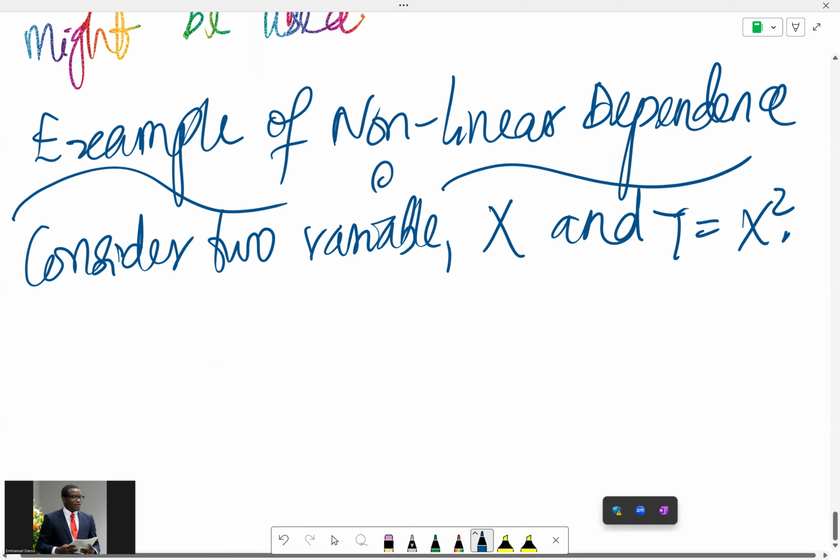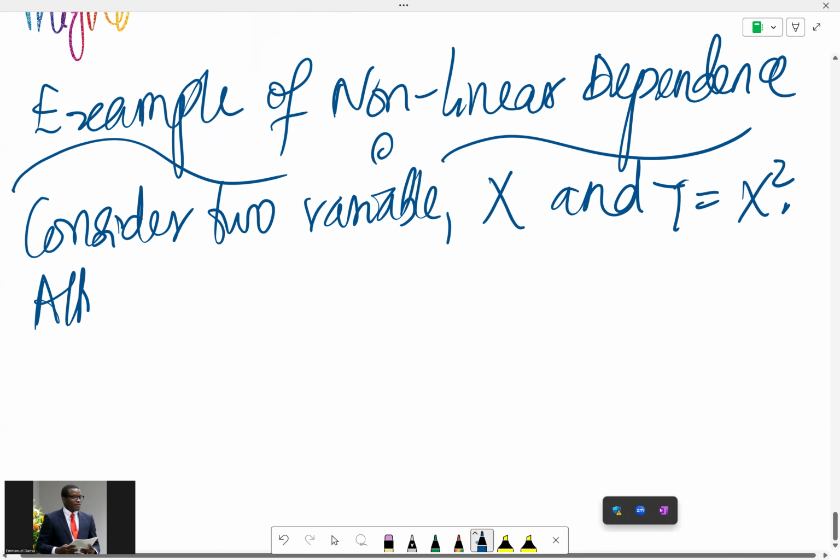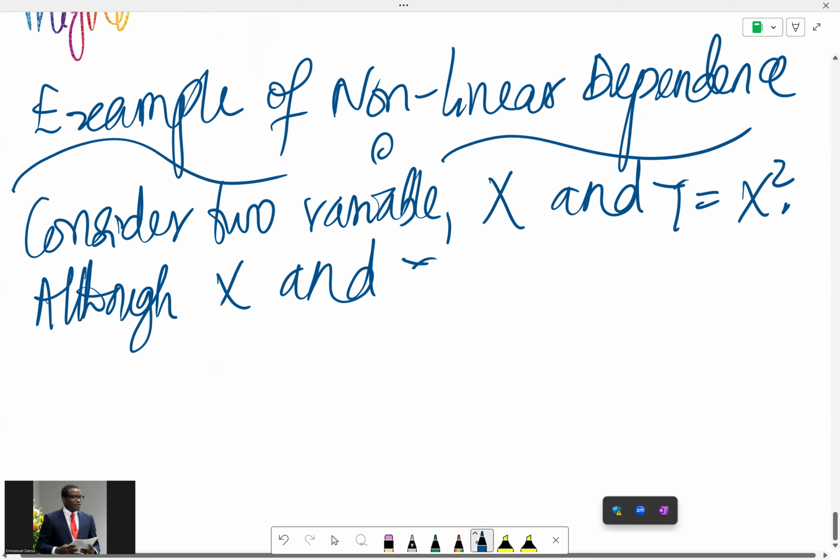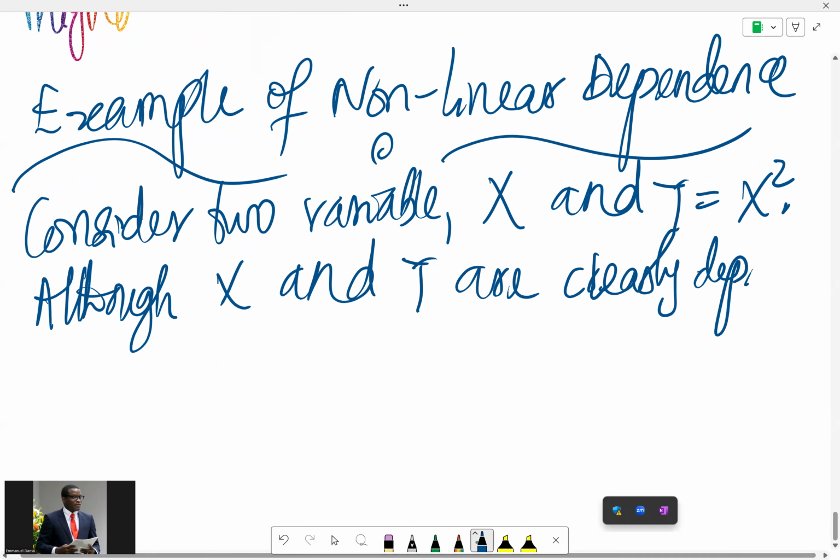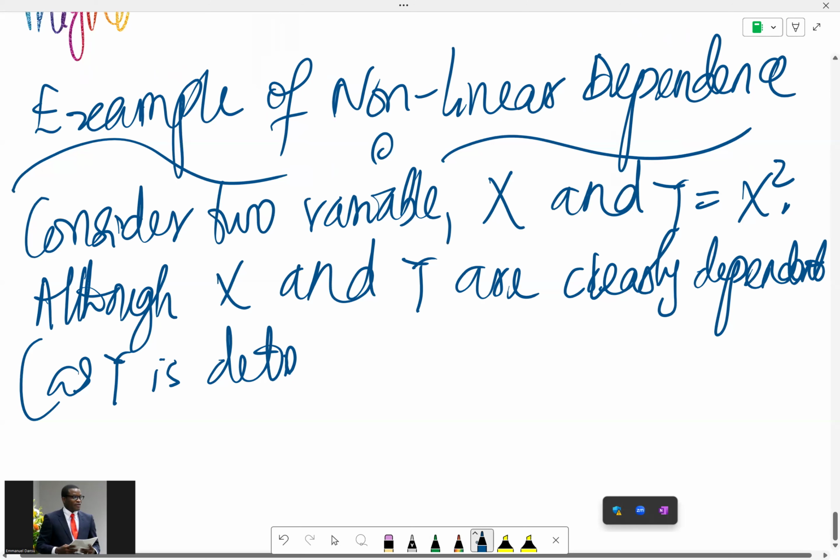Although x and y are clearly dependent, so you can see there's a relationship between them, y is determined by x. So y is a function of x.